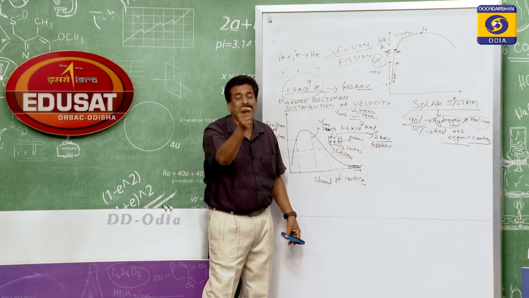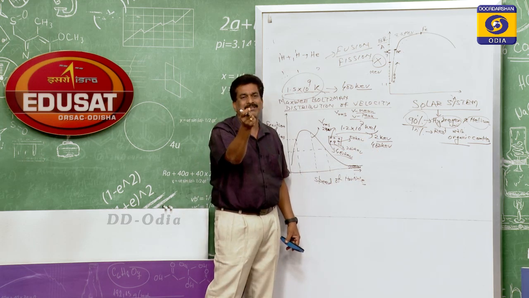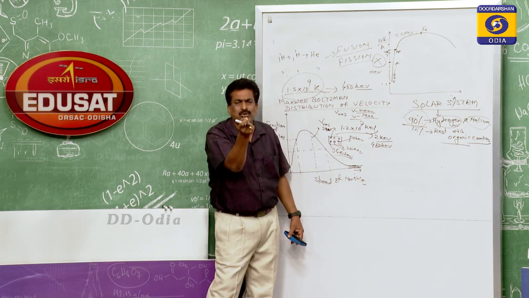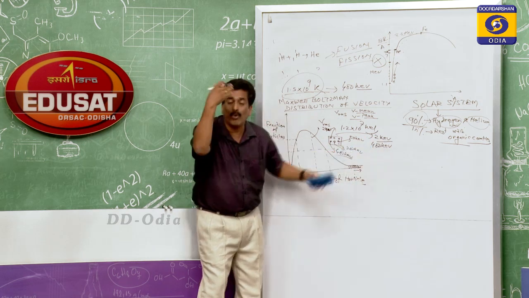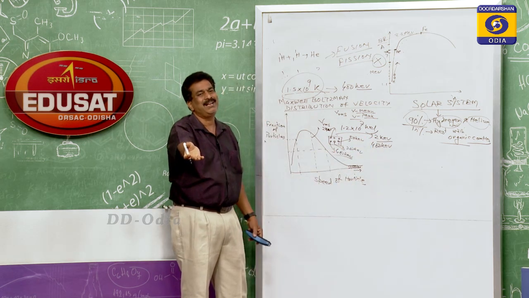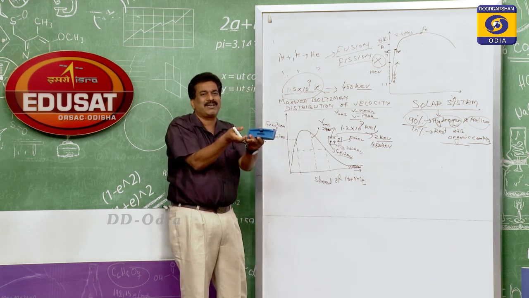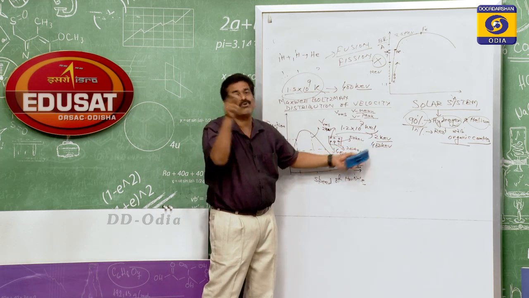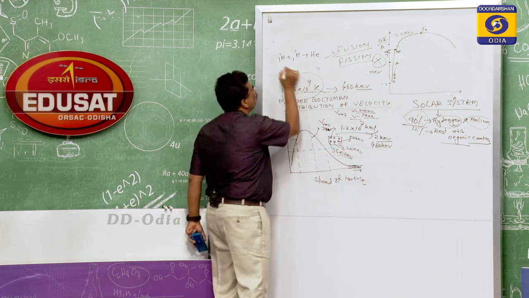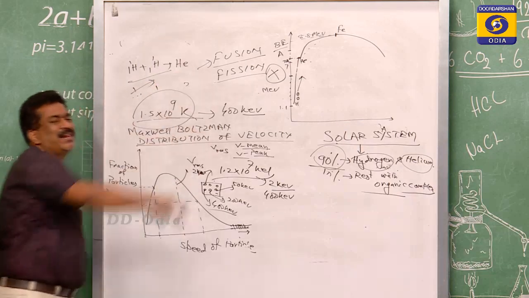But out of crores of particles, at least one or two may have 400 keV or more, and for that amount of energy and temperature, this process will be started.